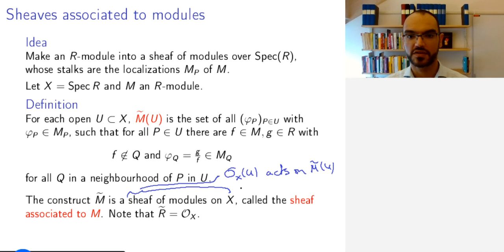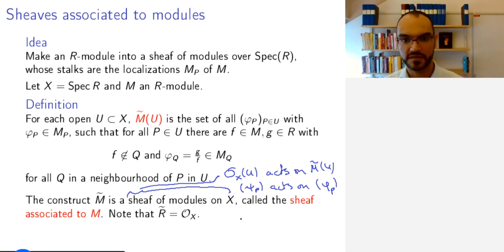But O_X of U, these are just elements, say psi_p. And so to get it to act on our phi_p, well, on the level of stalks, this is exactly so.